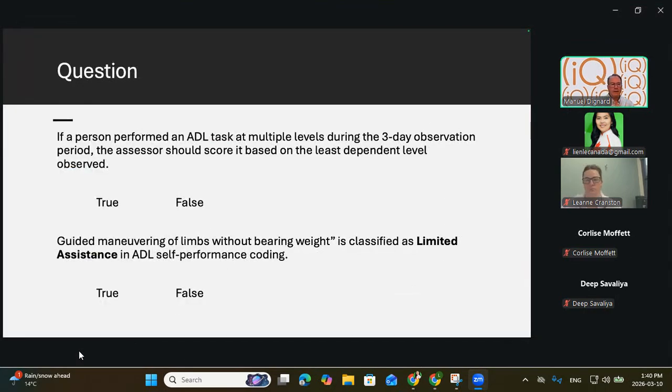All right. So, a couple of questions here. If a person performed an ADL task at multiple levels during the 3-day observation period, the assessor should score it based on the least dependent level observed. Read this carefully.